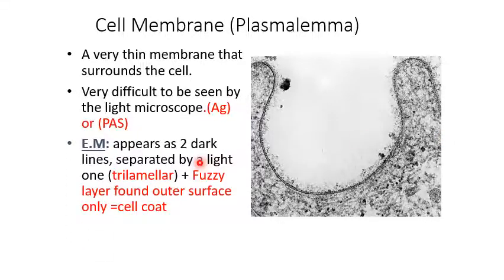By EM, it appears as two dark lines separated by a light one. This is called trilamellar, formed of 3 layers, plus a fuzzy layer found on the outer surface only, which is the cell coat. Again, look here, dear students, this is a cell and this is another cell.